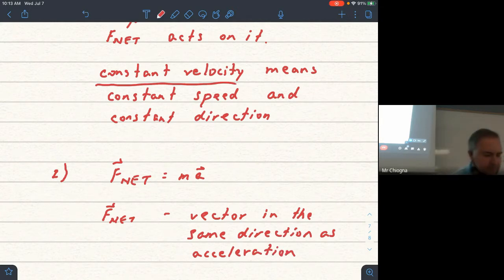So this is, let's see, this is west. I want to make it a different color. This is west. The acceleration will be west. Usually we put directions in brackets. Always the same direction.